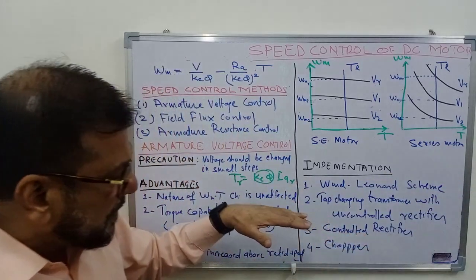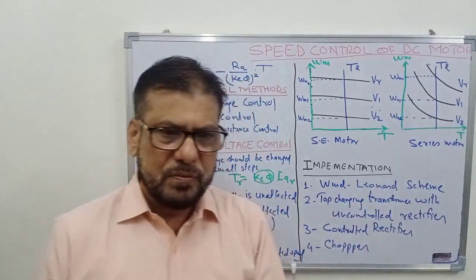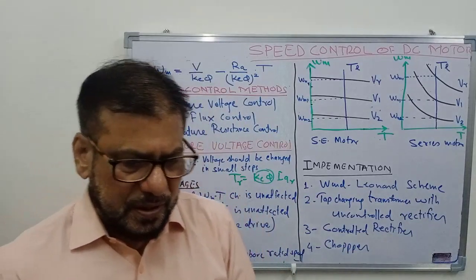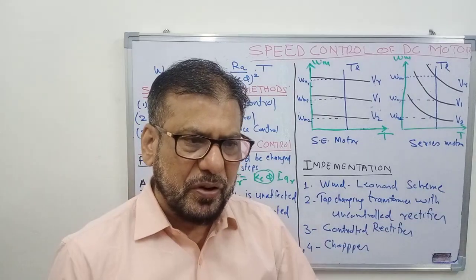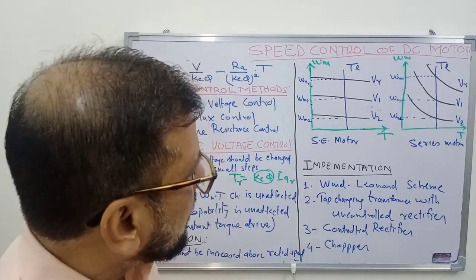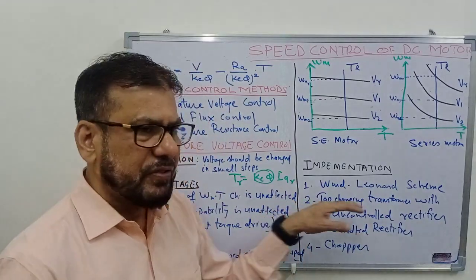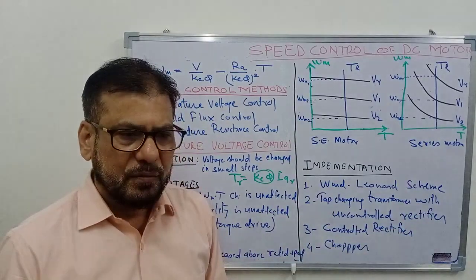So this method, although it is very costly, because to run the motor you require 2 additional machines, one generator of the same power rating and one motor of the same power rating. So the scheme is very costly, as well as it requires more space, more floor area.